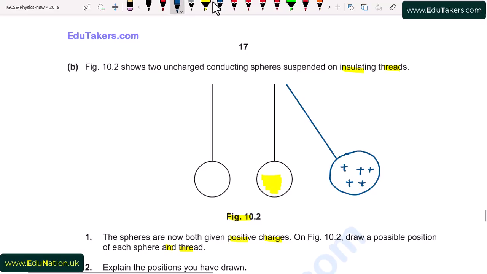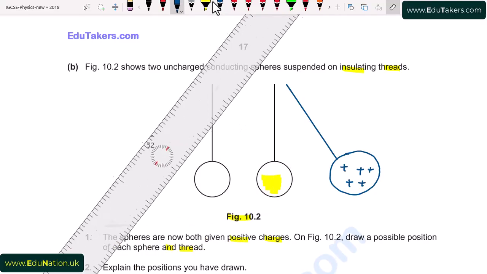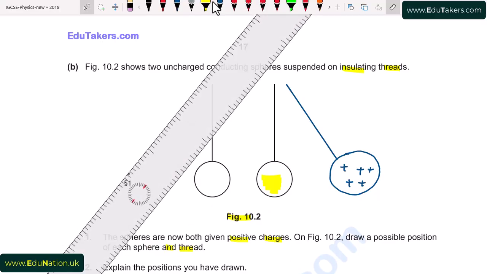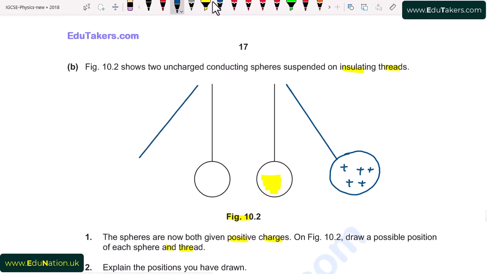Now I am going to draw the second one. The second sphere also has positive charge. It means that when positive charge is given to both of these spheres, they will repel each other and move further apart because of the repulsion between them.